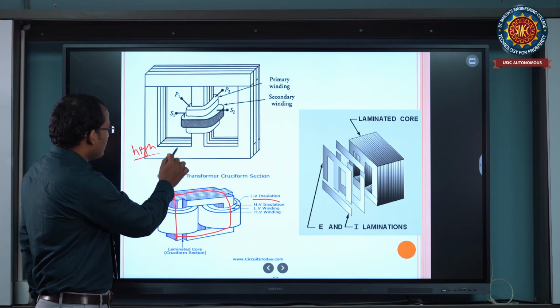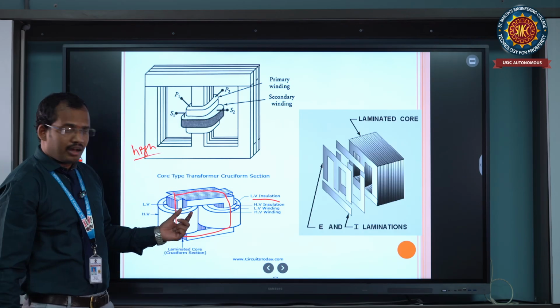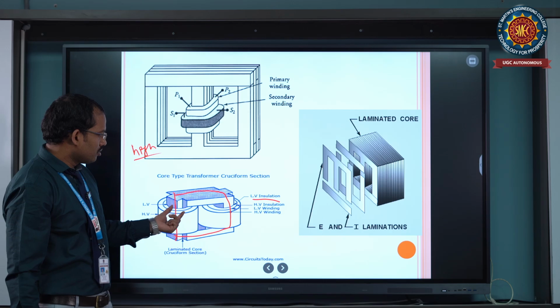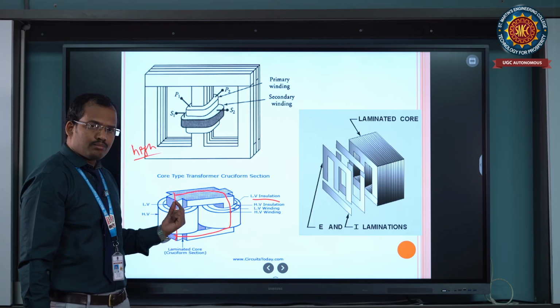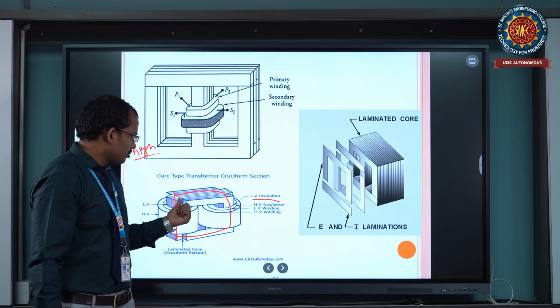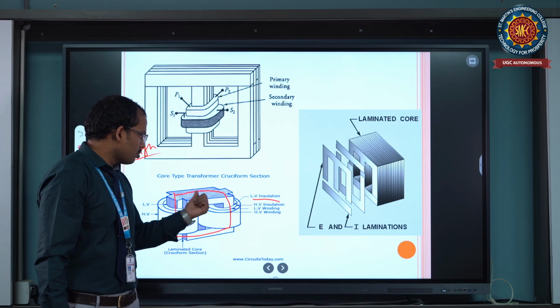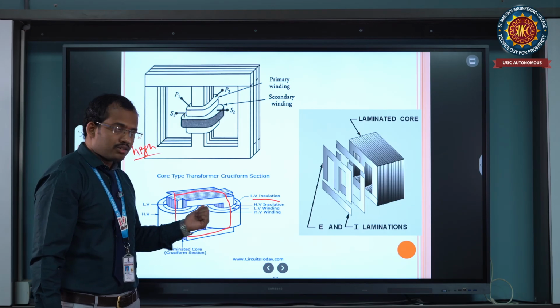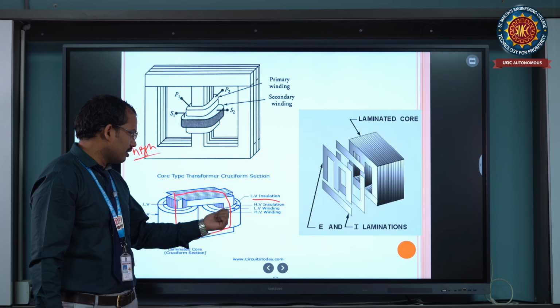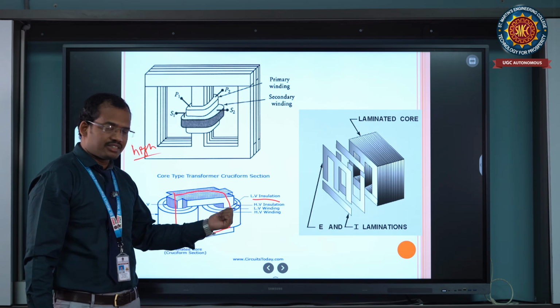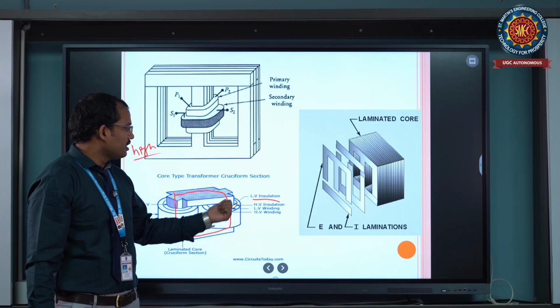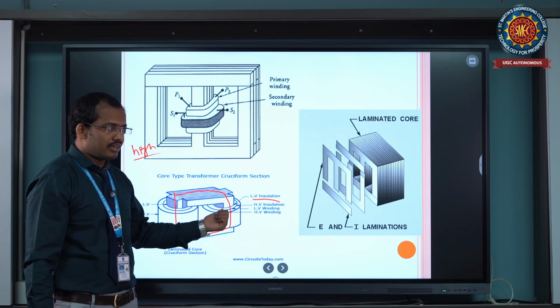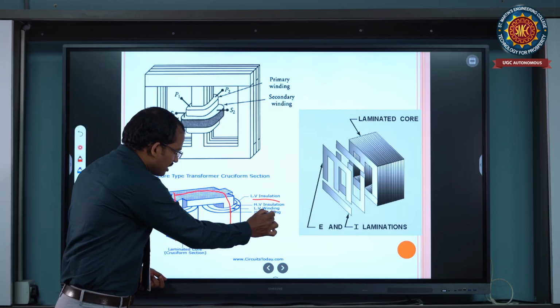Whenever we give the supply to the primary side, then using the mutual induction principle, flux moves through the core from primary to secondary, EMF is induced in the secondary side, and the secondary EMF is connected to the load side of the transformer.